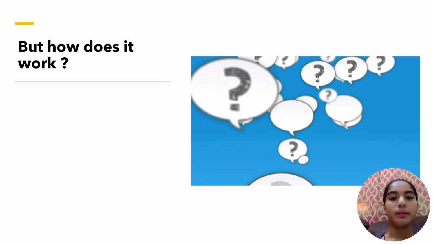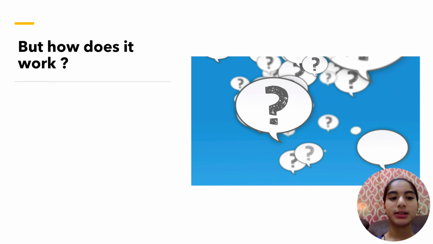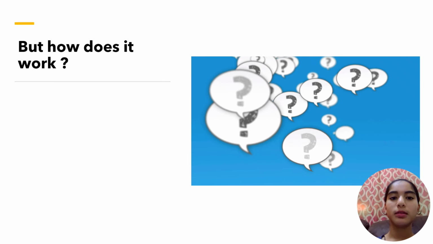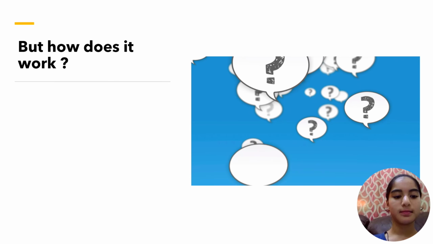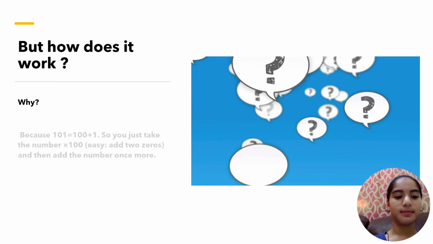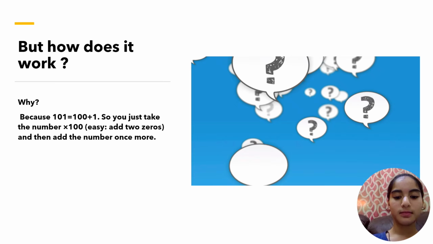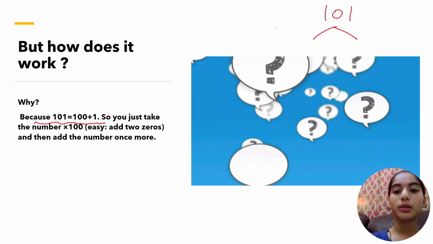But the main question, how does it work? So let's see. Because 101 is equal to 100 plus 1. So as I said before, 101 is made up of two numbers, 100 and 1.